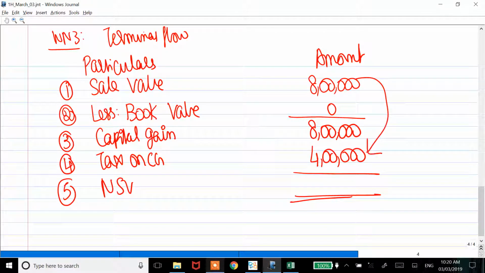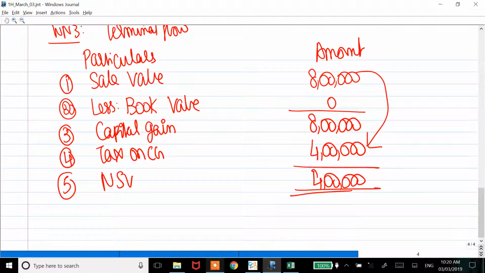NSV is this 8 lakh minus 4 lakh, turns out to be 4 lakhs. Clear? Any doubts on this?